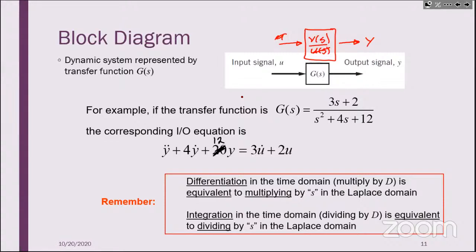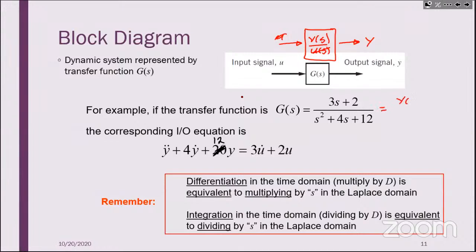So let's talk about this as an example, right? I've got this transfer function, G of S. G of S is 3s plus 2 over s squared plus 4s plus 12. Right, so if I wanted the corresponding input-output equation, it would be y double dot plus 4y dot plus 12y is equal to 3u dot plus 2u, right? What did I do?